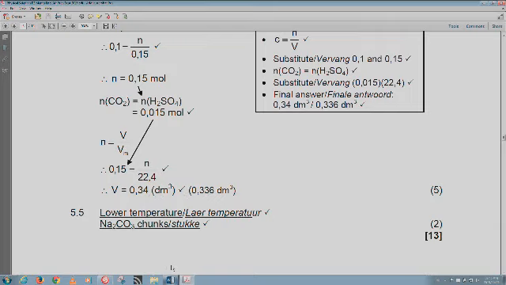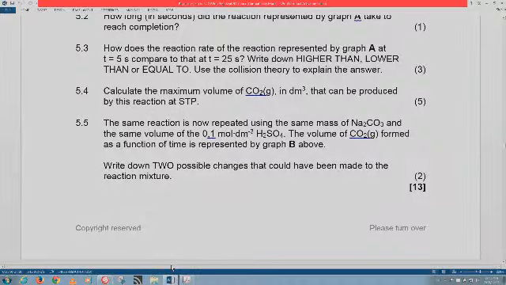And then question 5.5: the same reaction is now repeated using the same mass of sodium carbonate and the same volume of 0,1 mole per cubic decimeter sulfuric acid. The volume of carbon dioxide formed as a function of time is represented by graph B above.